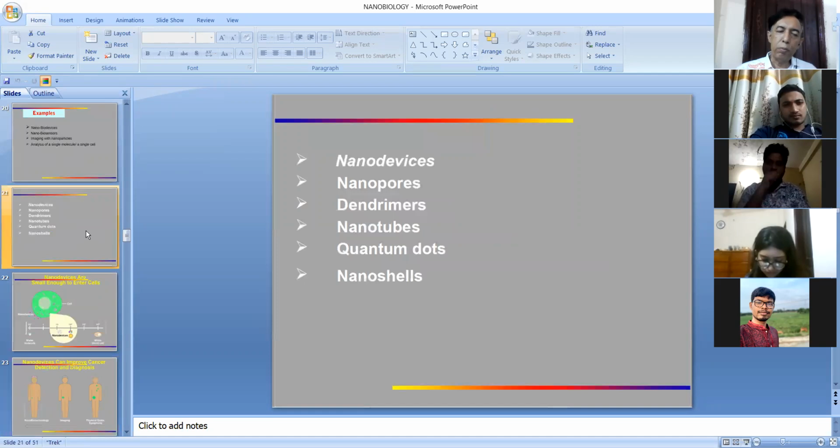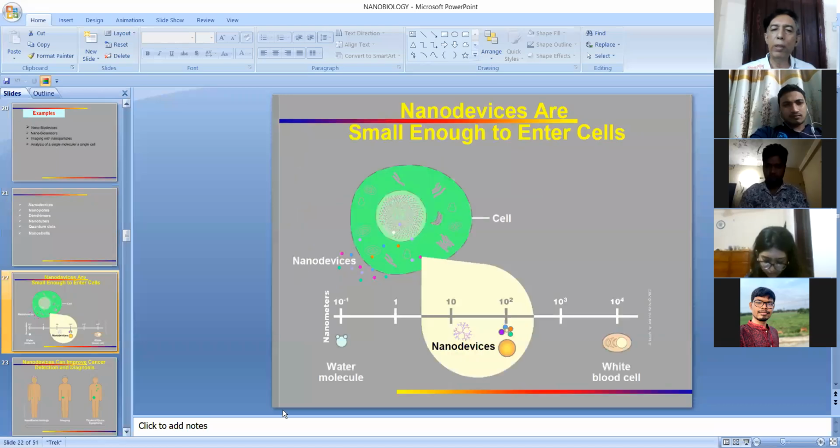So we first see the nano device. What is the nano device? A nano device is a nanomaterial of a very small nano size. These nano devices are small enough to enter the cell.